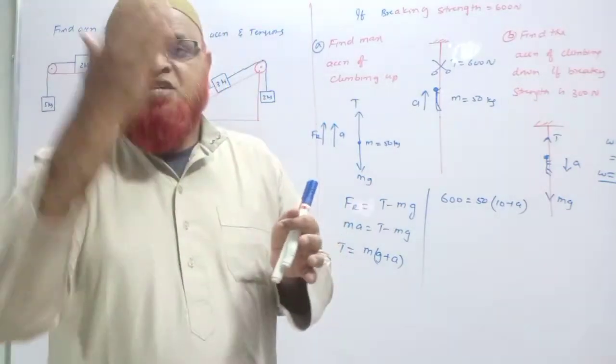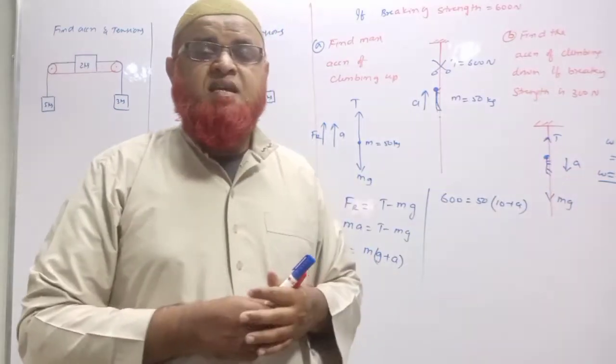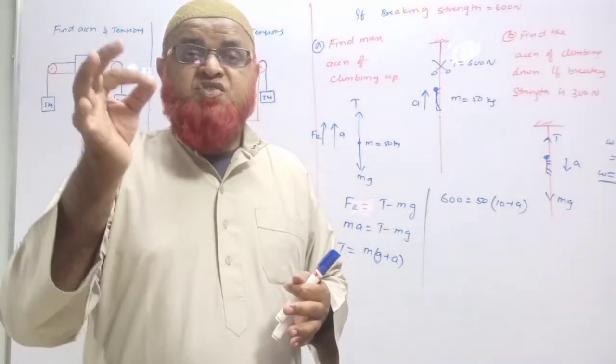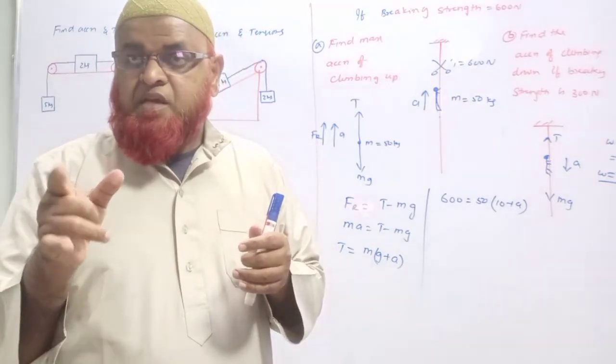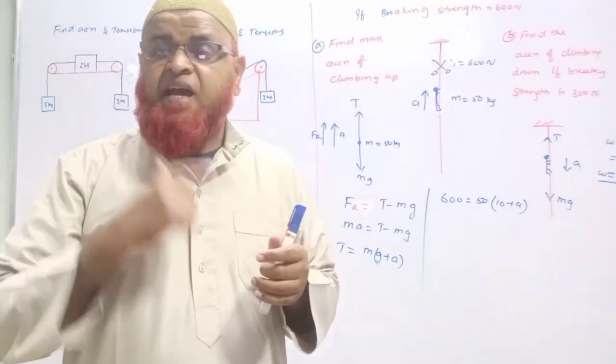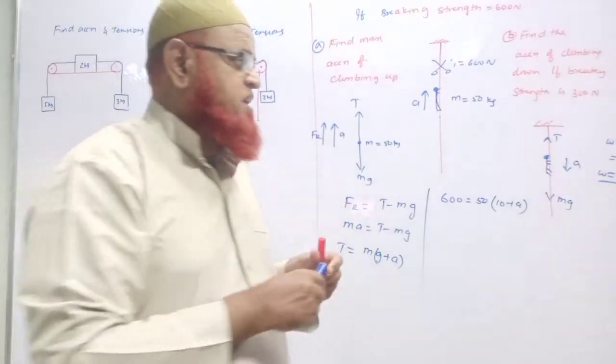So continuously he has to go down with an acceleration so that the string will not break. Is it clear? He should be continuously going downward with an acceleration so that the string will not break here.